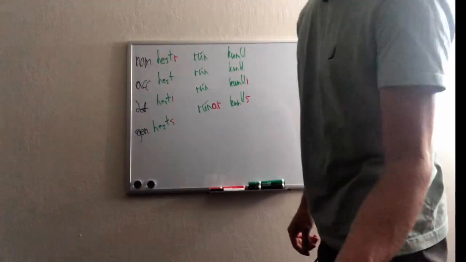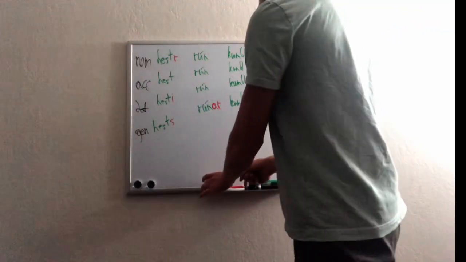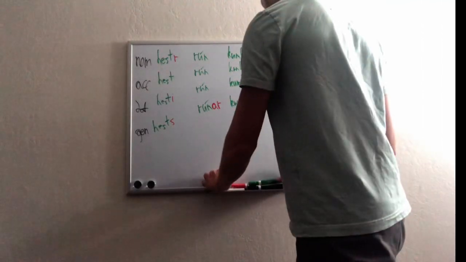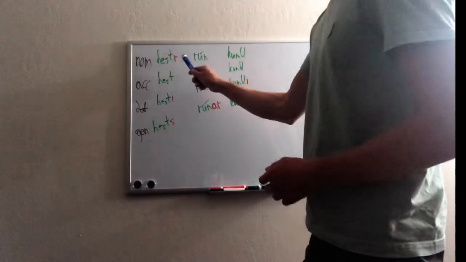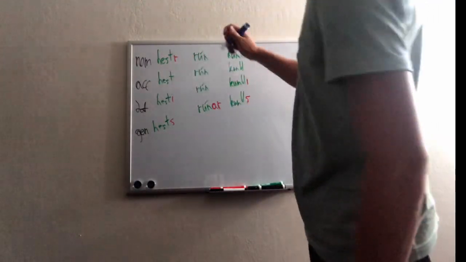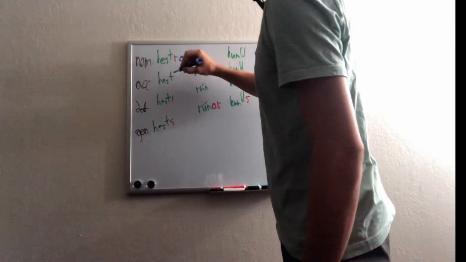Okay, and then the plurals. Our red ones are singulars. Then we'll put in blue what the plurals would be. So we have hästar.